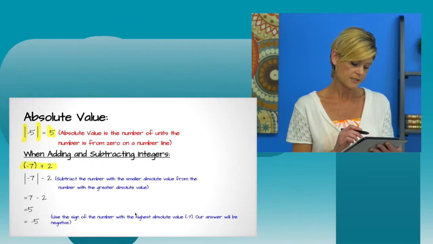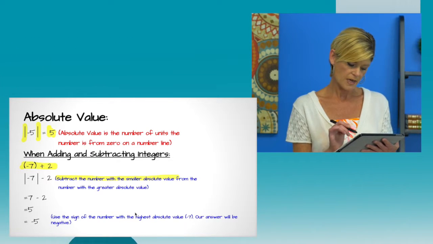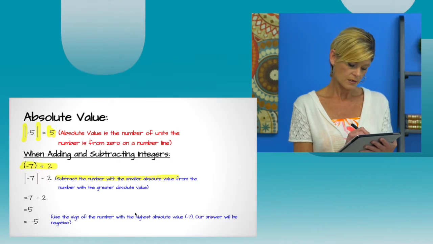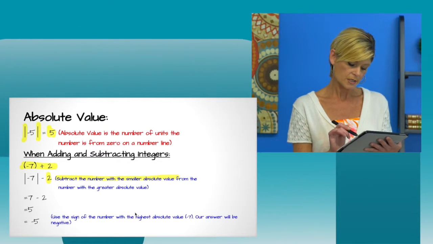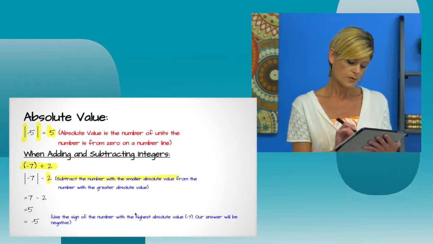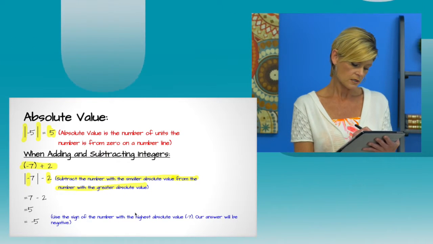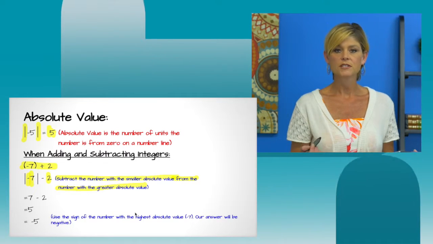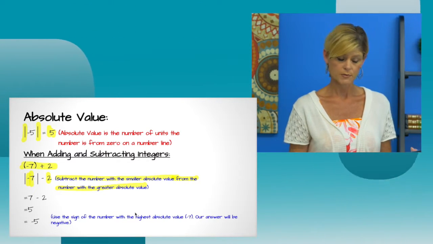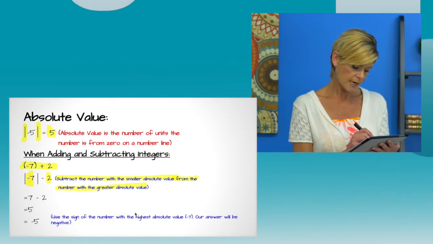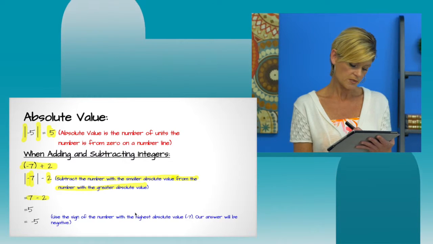And the way to do that is you subtract the number with the smaller absolute value, and that would be 2, from the number with the greater absolute value, in this case, negative 7. Negative 7 is farther away from 0 on a number line than 2, so that has the greater absolute value. We simply subtract those two numbers, 7 minus 2, which gives us 5.